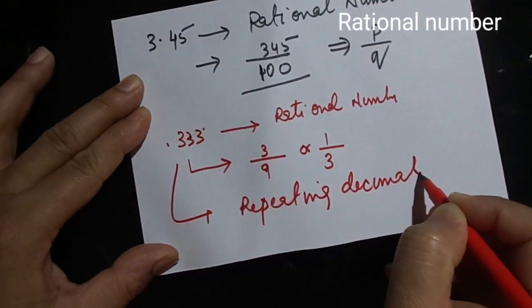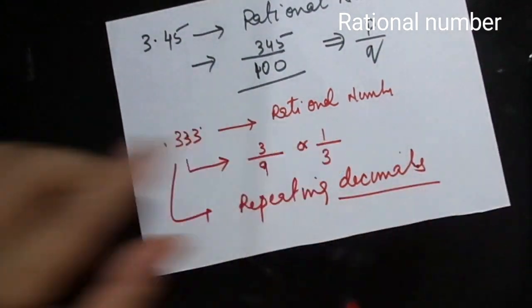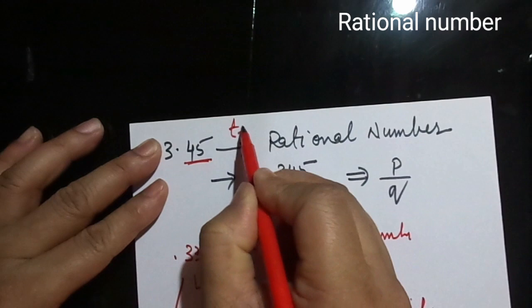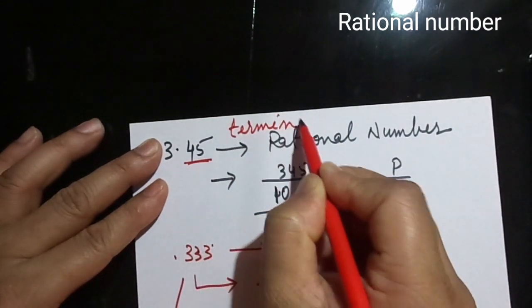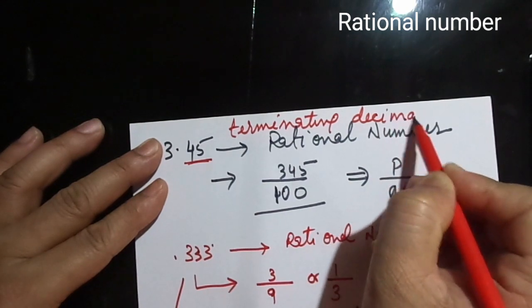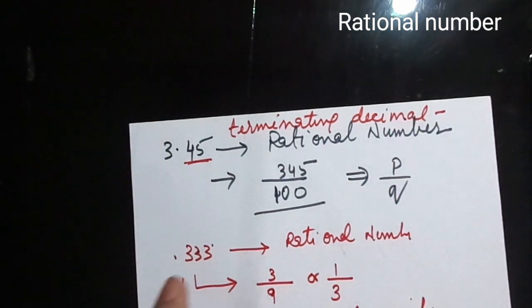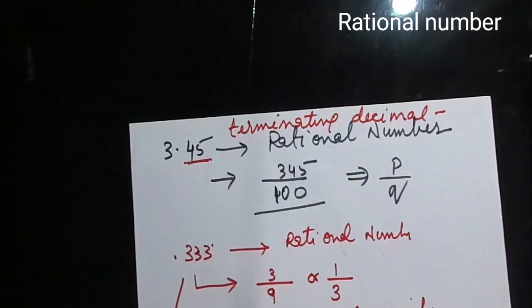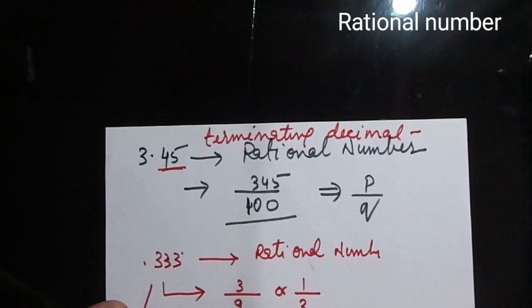So numbers which have terminating decimals as well as numbers which are repeating decimals are called rational numbers. Okay, I hope you have got an idea about rational numbers.